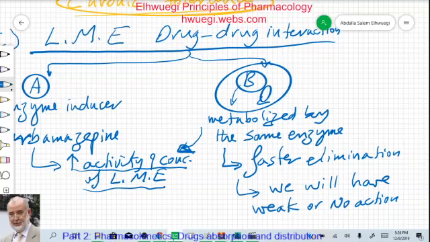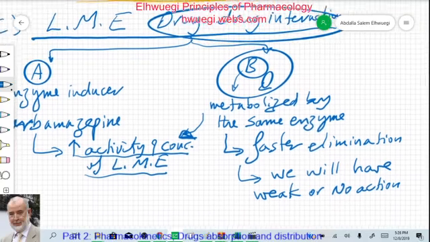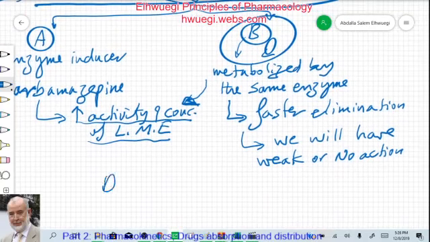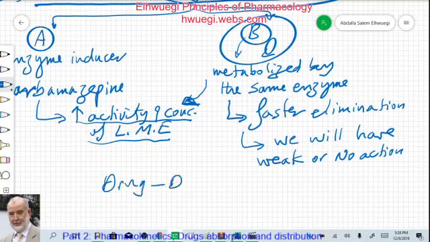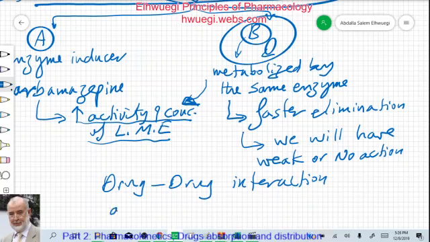This will result in loss of effect of drug B. This is known as drug-drug interaction at the metabolic site.